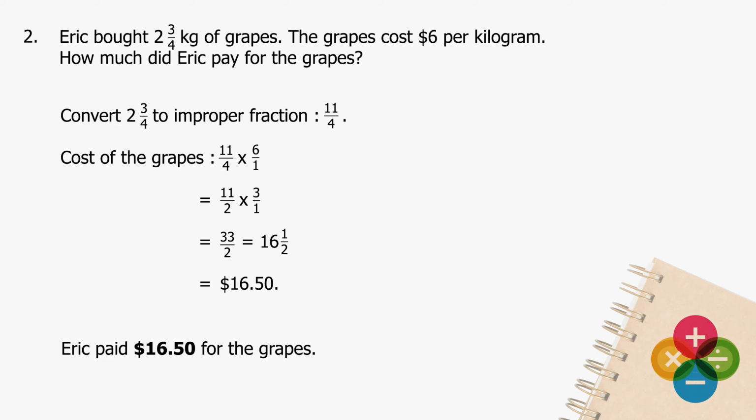The cost of the grapes will be, multiply 11/4 by 6, which is equal to multiply 11/2 by 3, which is equal to 33/2. Convert 33/2 to a decimal, which is 16.5, equal to $16.50. Eric paid $16.50 for the grapes.